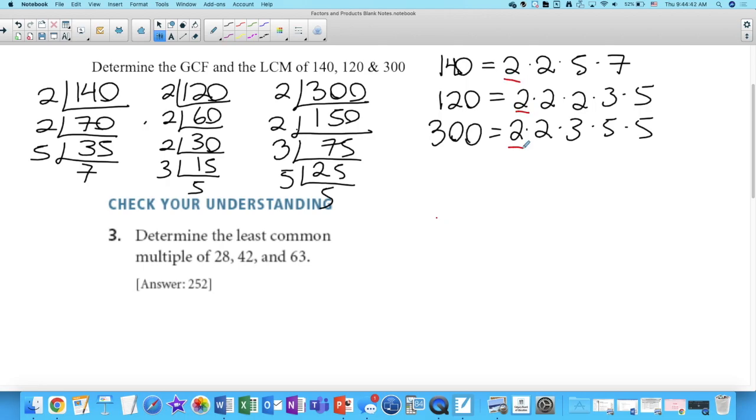Okay, do they all have a second 2? Yes. Okay, do they all have a 5? Yep. Do they all have a 7? No. So this is my greatest common factor. Okay, so the GCF is 2 times 2 times 5, which is 20.